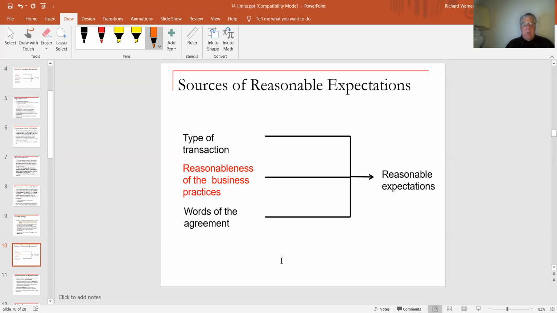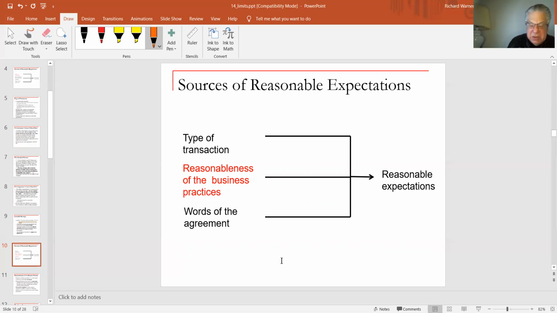So that's our first type of transaction. The type of transaction, when we look at it in Beatty, counts heavily against thinking that the bank's position is consistent with the obligation of good faith and fair dealing.